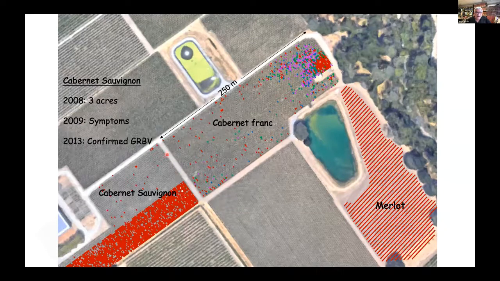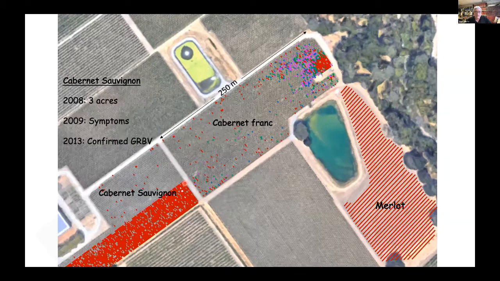Now, when you look at this map, I'm pretty sure that some of you, unfortunately, experienced a similar situation, which illustrates the fact that the Cab Sauv material was sourced from 2 distinct nurseries. The one here, where the material was clean, and the one here, where the material was infected.